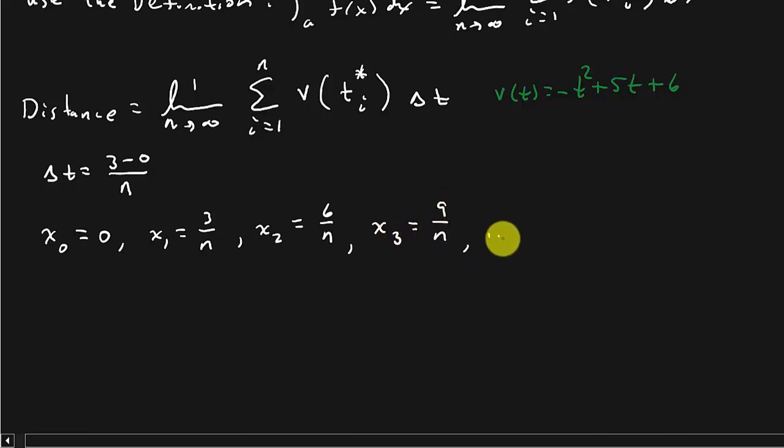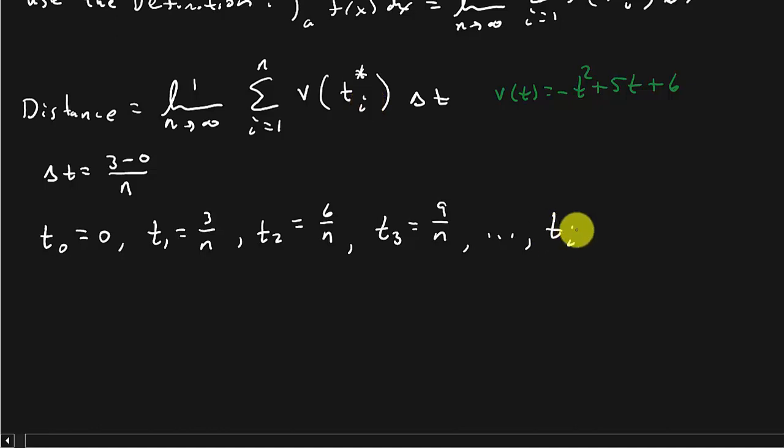And that is going all the way to what? You might be asking yourself, and I don't know why, I guess I'm just used to x. That's going to be t. All the way to t sub i. So what is t sub i?